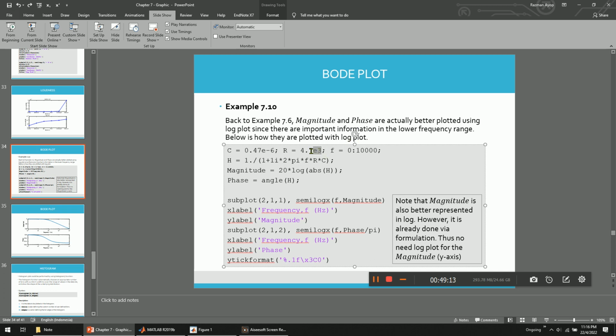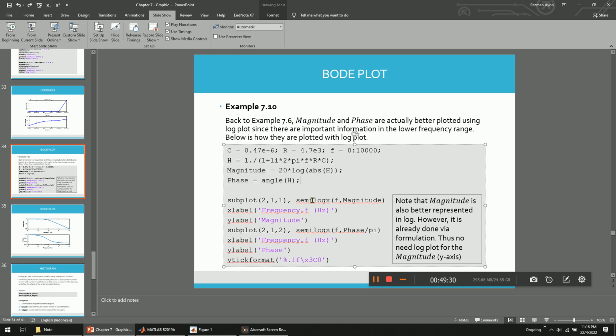E3 means kilo. E negative 6 means micro. f is the frequency, you already know this. This one is just repeating example 7.6.